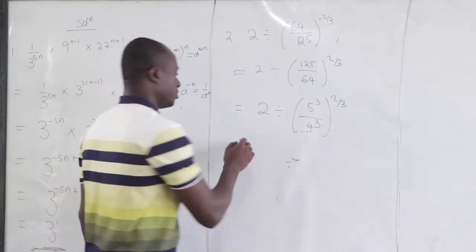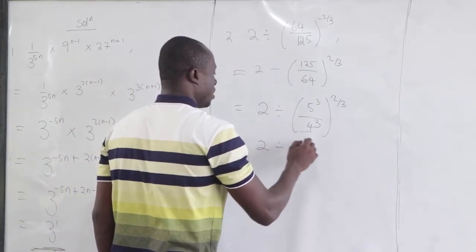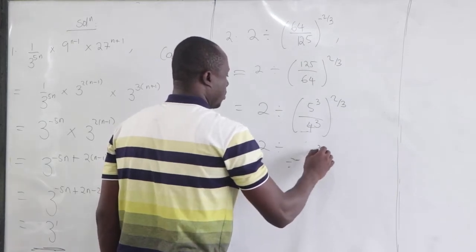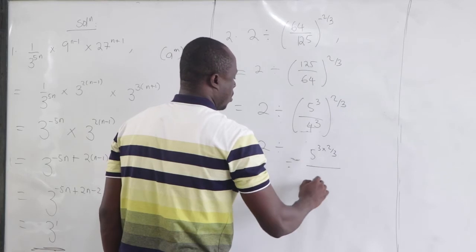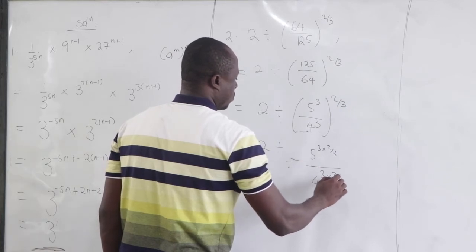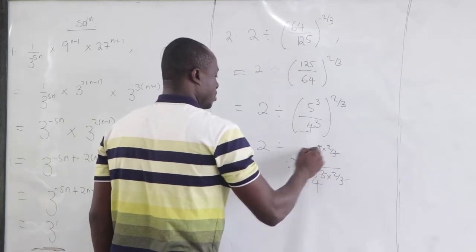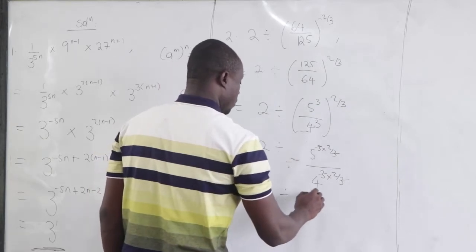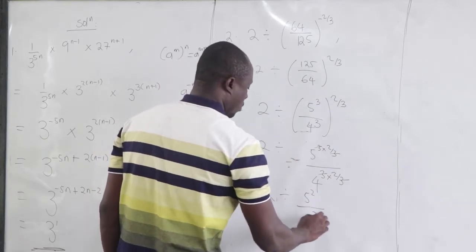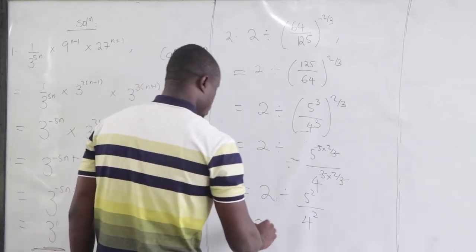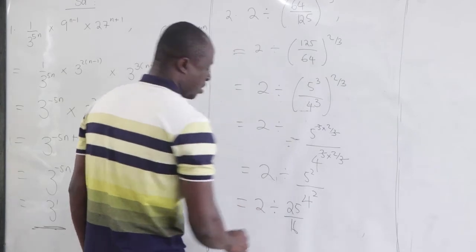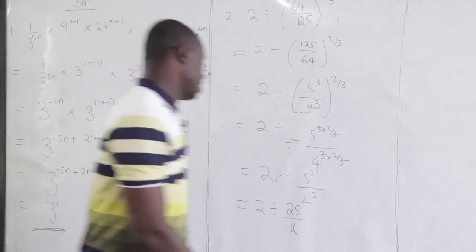Applying the power rule, that is 2 divided by 5 to the power 3 times 2 over 3, all over 4 to the power 3 times 2 over 3. This cancels this, this cancels this. So you have 2 divided by 5 to the power 2 all over 4 to the power 2, and this is 2 divided by 25 over 16.